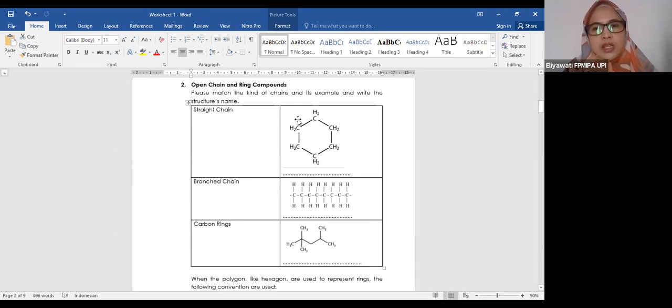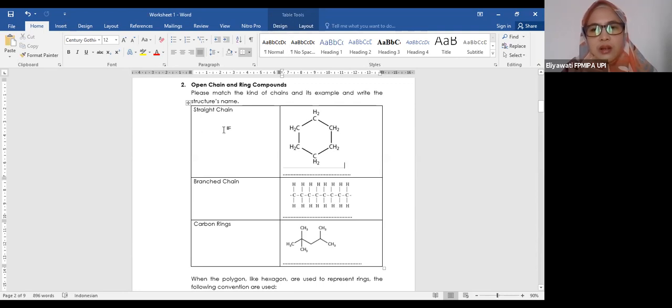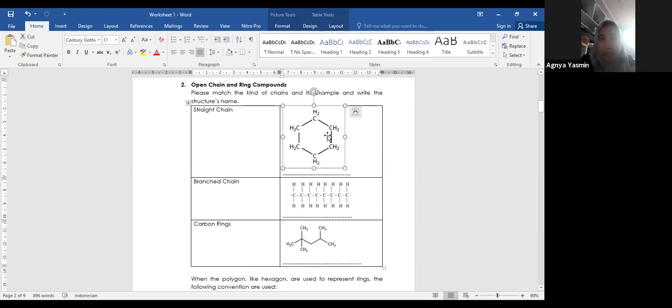This one is matching, it's so easy. You can determine this, for example, these pictures in the first row of the table. Is it a straight chain, branch chain, or carbon ring? For this one, carbon ring. Good.